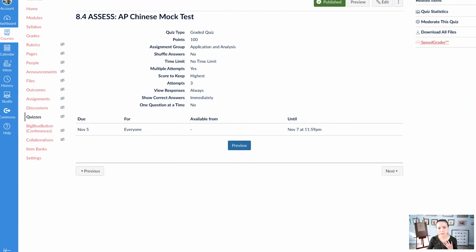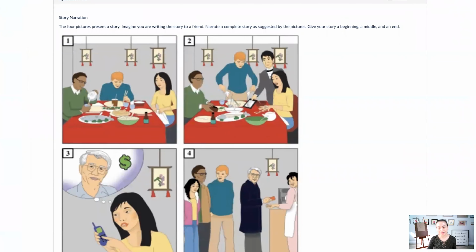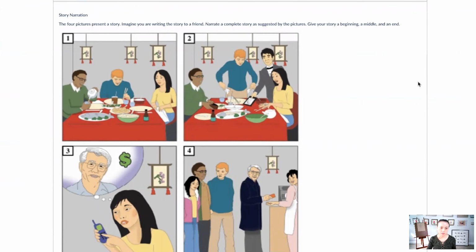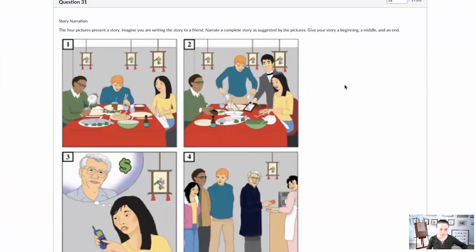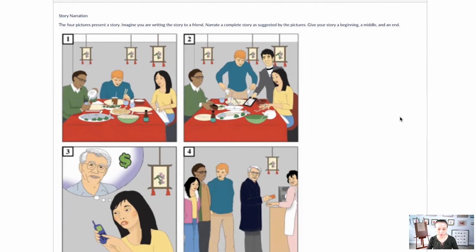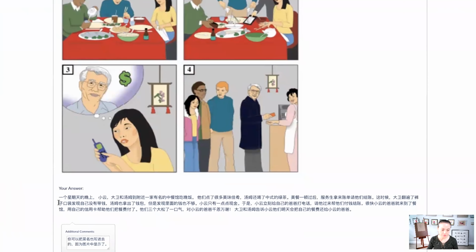However, I have some samples to show you why I have this lesson today. Start from question 31. They are all free response questions. This student got a 14 on this part, and you can see this is her writing.